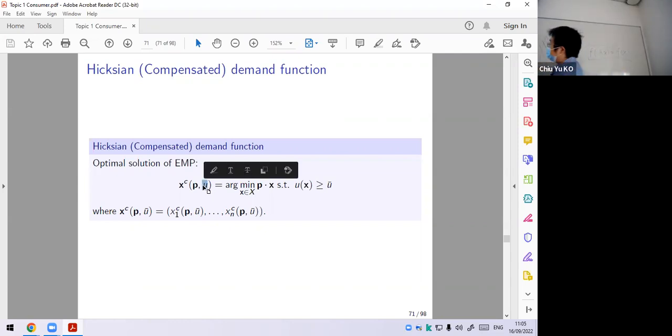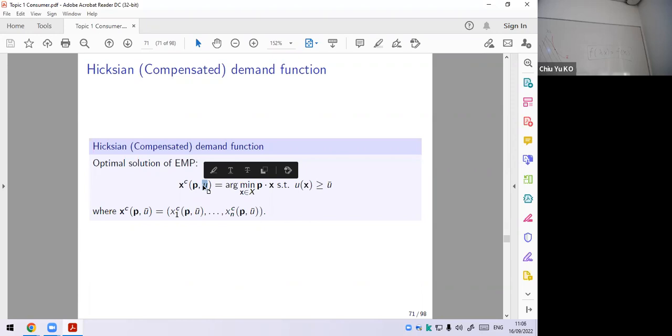So just to reiterate, the Hicksian demand is: you give me the price and the utility level, and I can tell you what bundle I'm going to consume. Compared to the Marshallian demand, where you give the price and income, and I tell you how much I consume. Here you tell me the price and the utility you want to achieve, and this tells you what you consume.